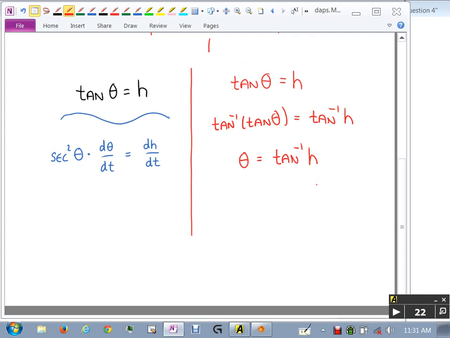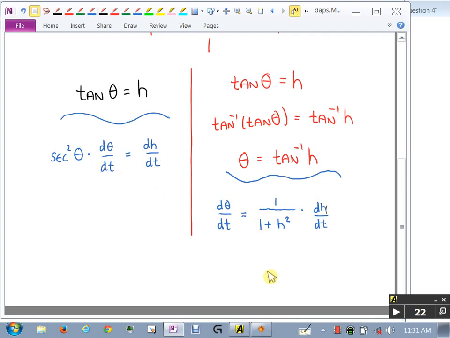And now take your derivative with respect to time. d theta dt on the left. On the right, what's the derivative of arctangent of something? 1 over 1 plus that something squared, then chain rule, times dh dt.